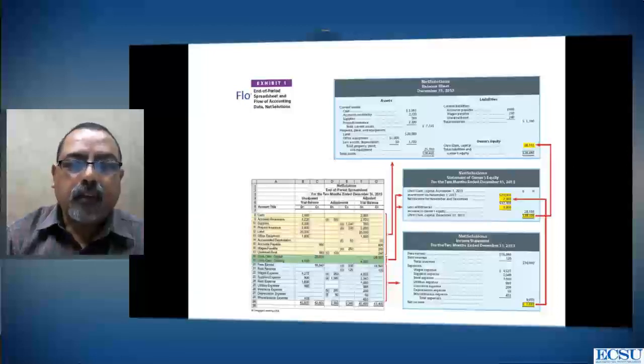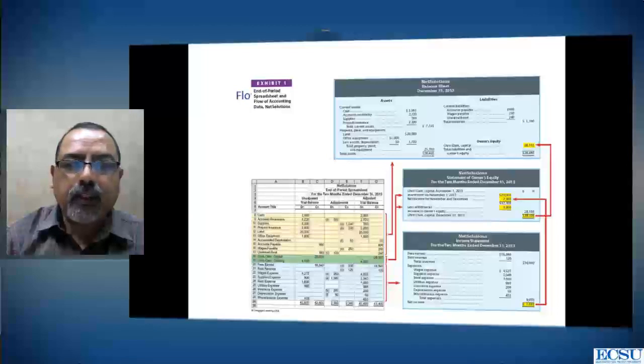Then the fourth column you can have reference for the adjustments, and then next would be the debit column for adjustments, and after that you can have a reference column for the credit column of adjustments, and then the credit column of adjustments, and then you can have a debit column for adjusted trial balance and a credit column for adjusted trial balance.